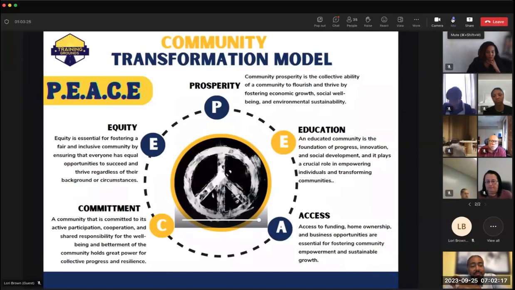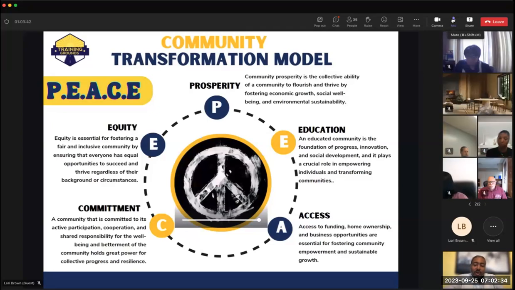Commitment. That C is commitment. All too often, there's not a strong enough commitment to communities and the growth and prosperity and education and access within that community. So a community that's committed to active participation, a community that's committed to cooperation for the well-being and betterment of that community, holds a great power for progress and resilience. And then equity.